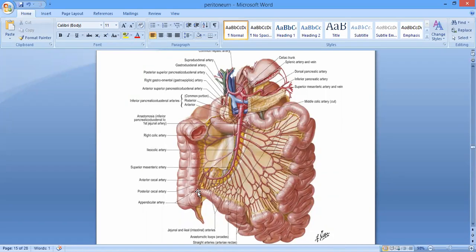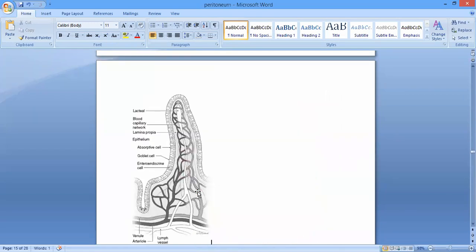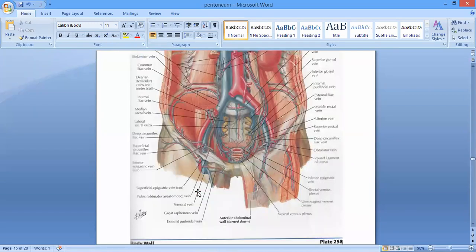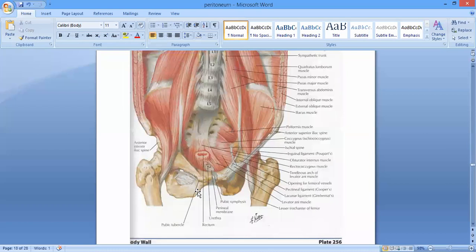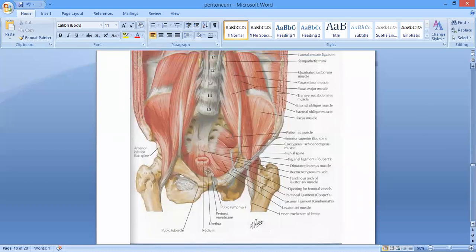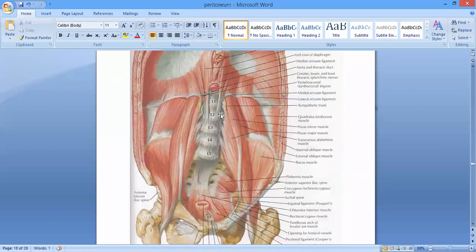And if we talk regarding the abdominal wall, it extends from the left side of L2. Okay? This is the level where the duodenal flexure, the junction, is situated, right?